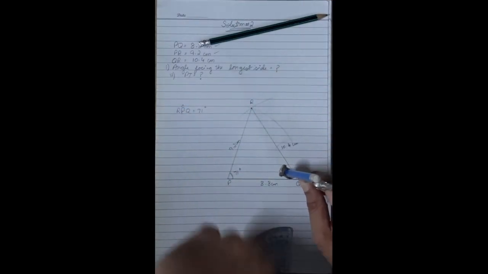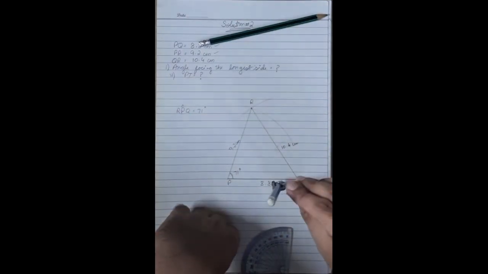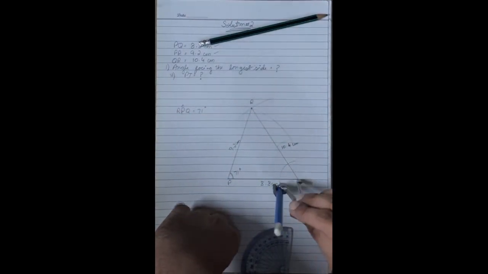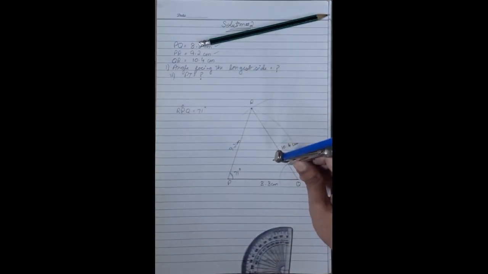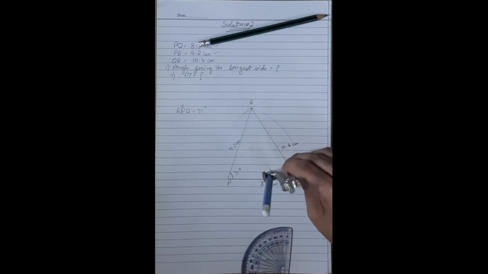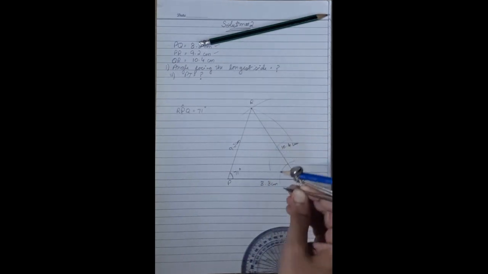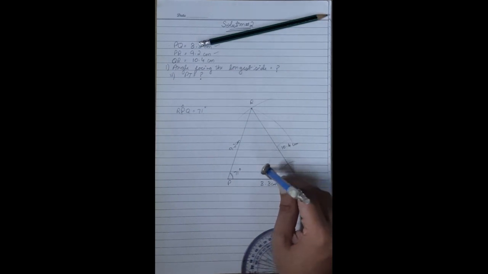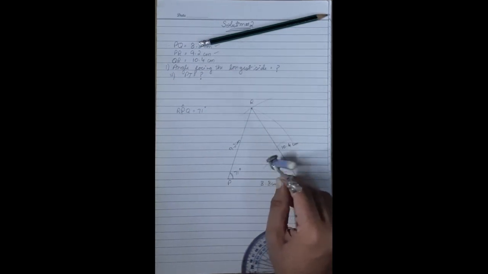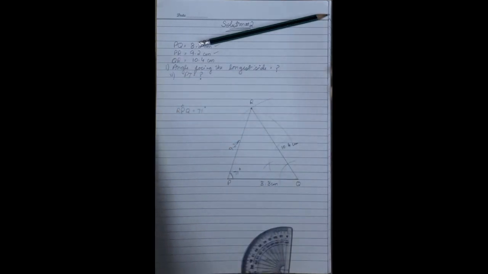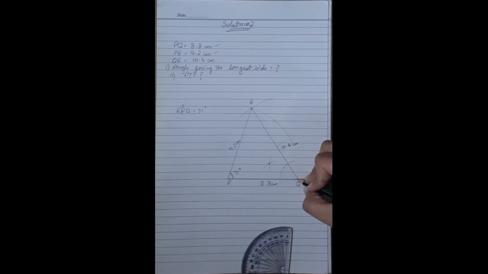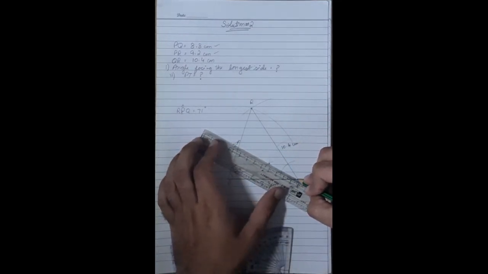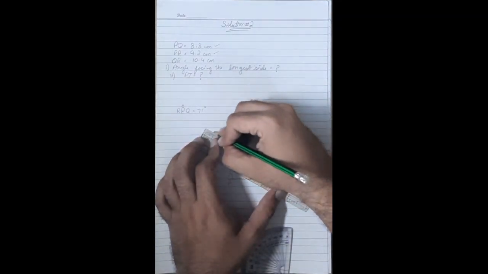First we will place it here, cutting both the lines. Then at the intersection point we will put the compass, we will make an arc. Then the other intersection point, making the arc again, and then we will join this intersected point and this point Q and extend the line to cut PR.